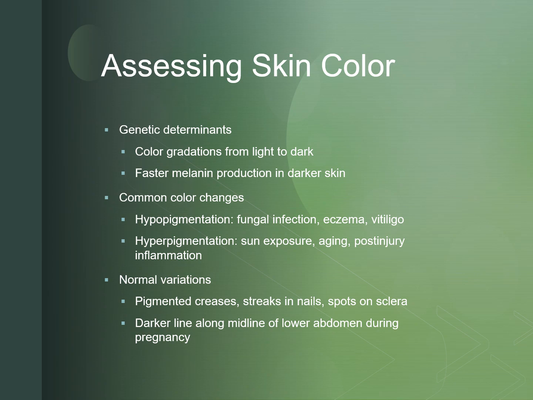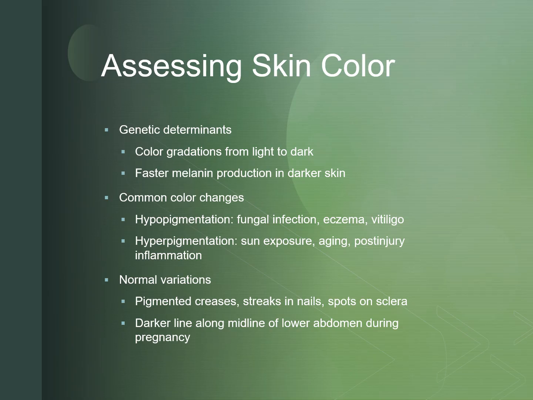So there are normal variations in the skin where we see pigmented creases in the palms, soles of the feet, longitudinal nail streaks, scleral spots, linea nigra, which is a dark line on the abdomen in pregnancy. So these are expected findings, especially in darker skin tones. So we want to know what's normal versus abnormal.